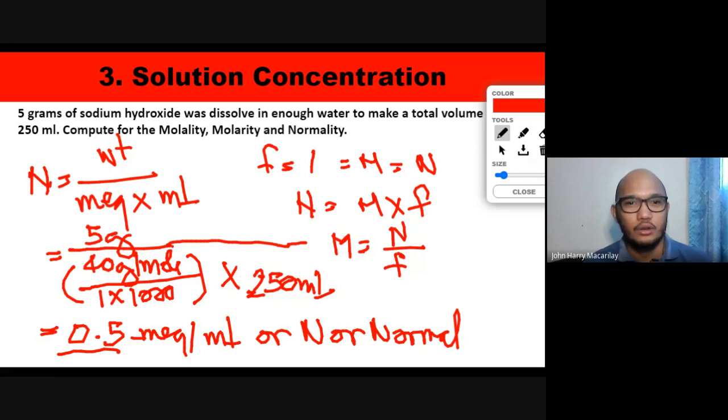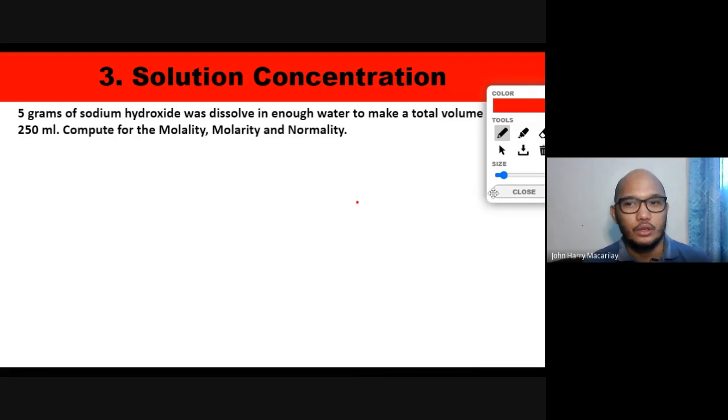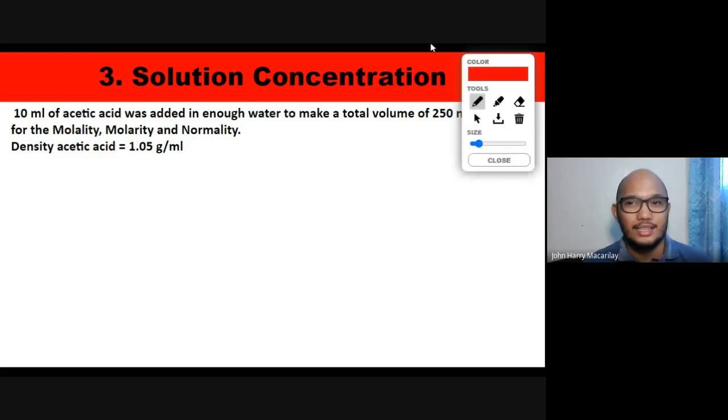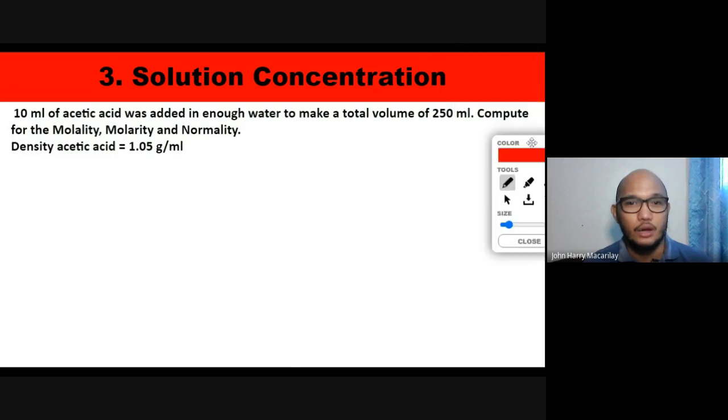So next example, what if you will use a liquid sample, for example, acetic acid. 10 mL of acetic acid was added in enough water to make a total volume of 250 mL. Compute for the molality, molarity, and normality, wherein the density of acetic acid is 1.05 grams per mL.